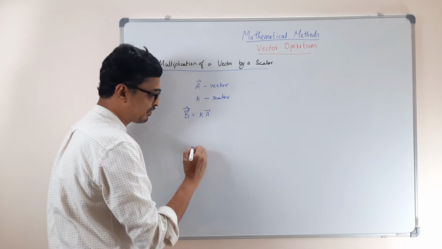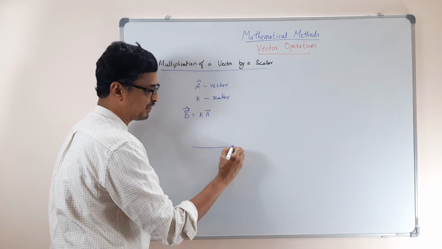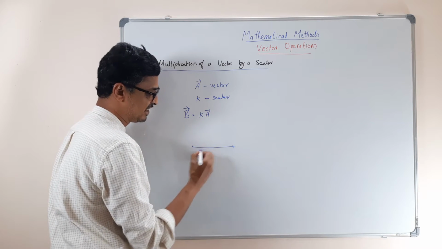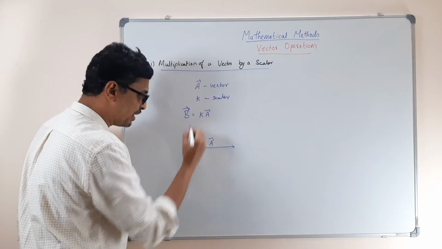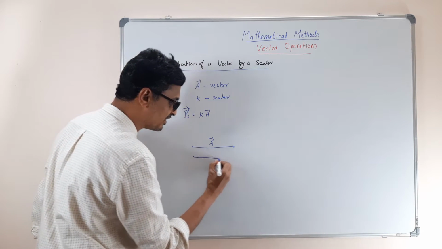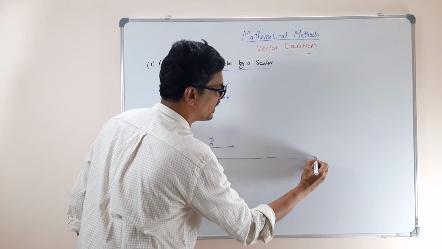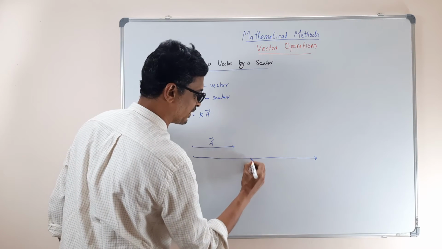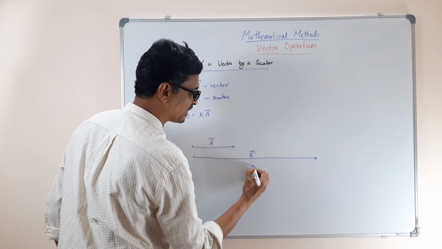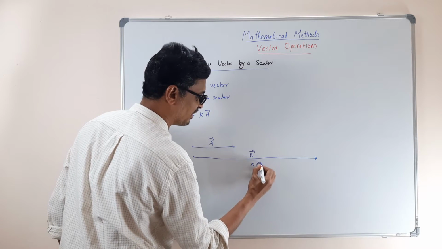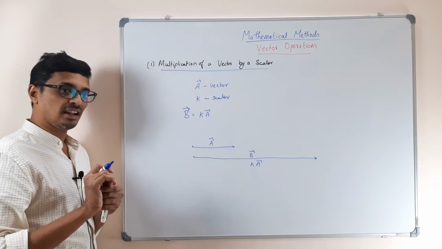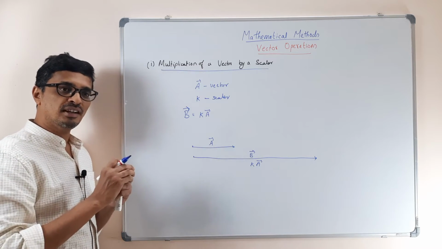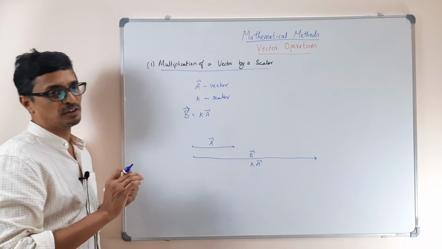If I write this as vector A, B will be in the same direction, and B is k times vector A. So multiplication by a scalar is just going to change the magnitude of the vector.